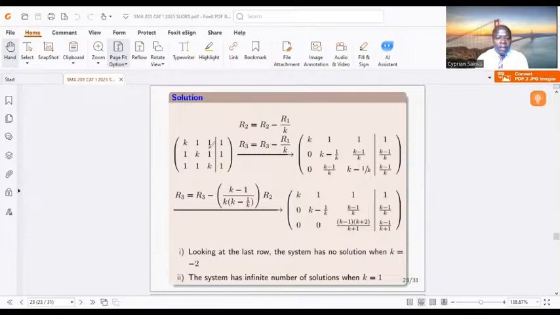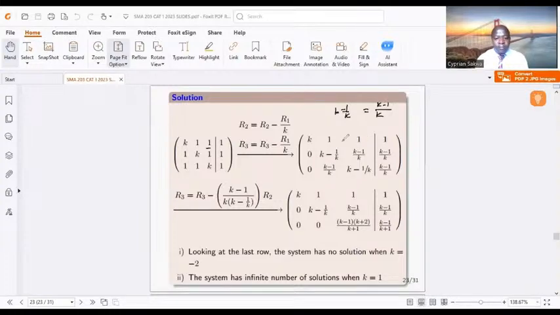Now, these are the elements multiplied by 1 out of k and subtracted from 1. You can leave it like that, or if you want, you can say the LCM is k, so it will be k minus 1.